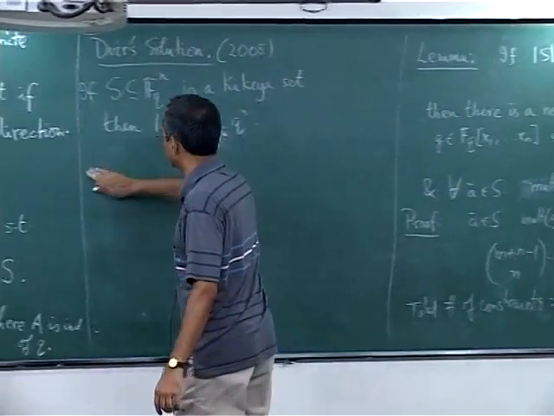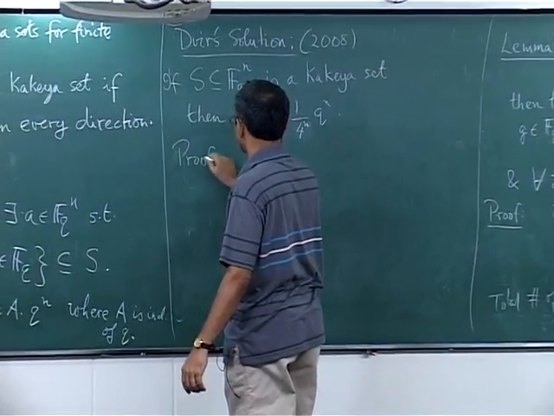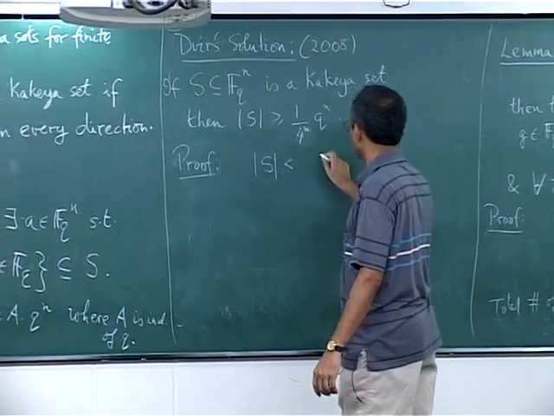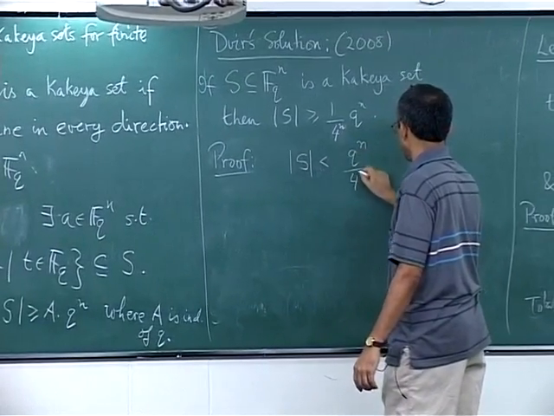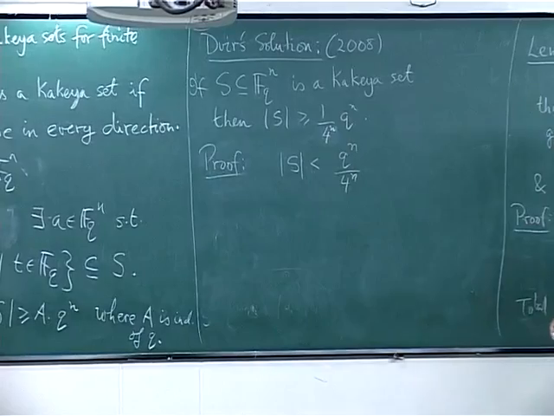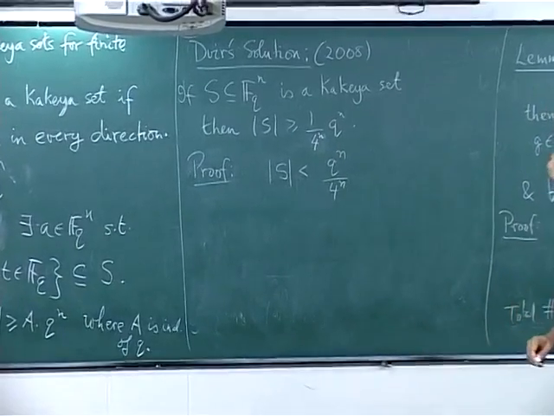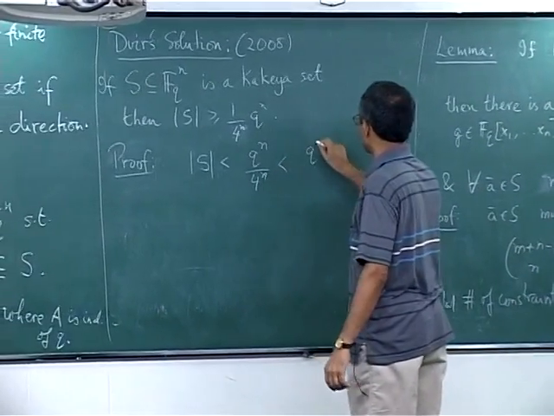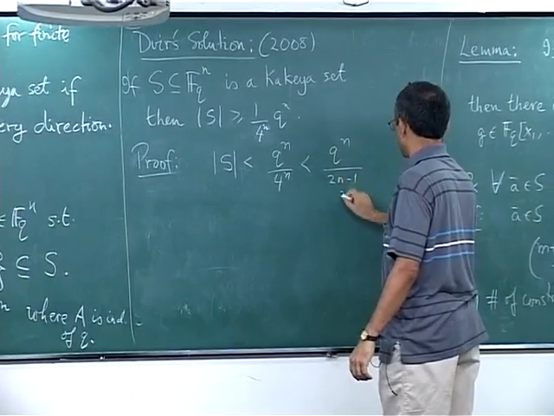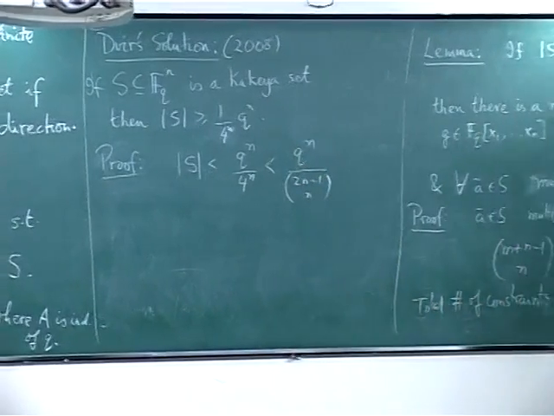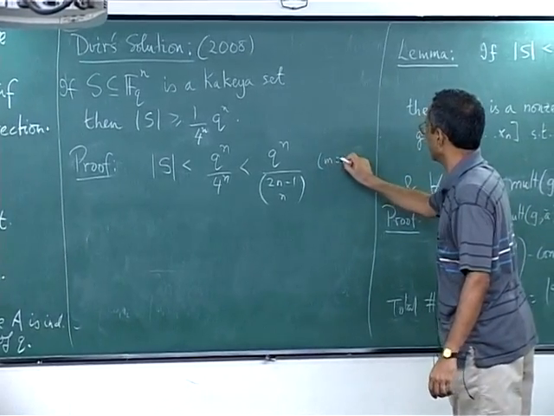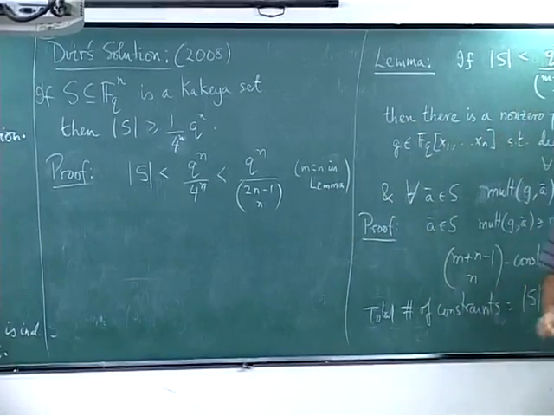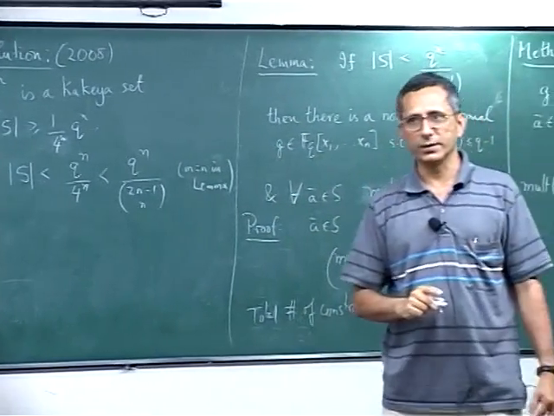Now let's come to the proof. Again by contradiction. Suppose cardinality S is less than q power n by 4 power n. I am going to take m equal to n in the lemma, because 4 power n is more than 2n minus 1 choose n.